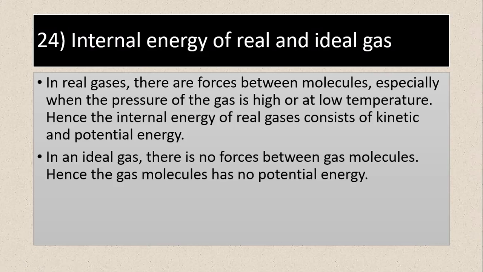In ideal gas, there are no intermolecular forces between the gas molecules. Hence, the gas molecules have no potential energy. Potential energy comes in because there are intermolecular forces of stretching and then release, stretching and release. That's all.